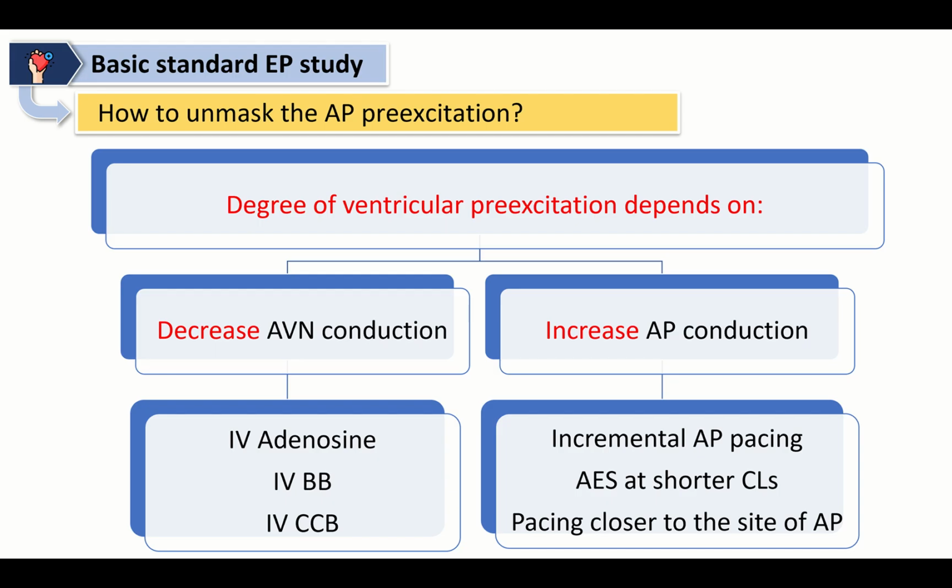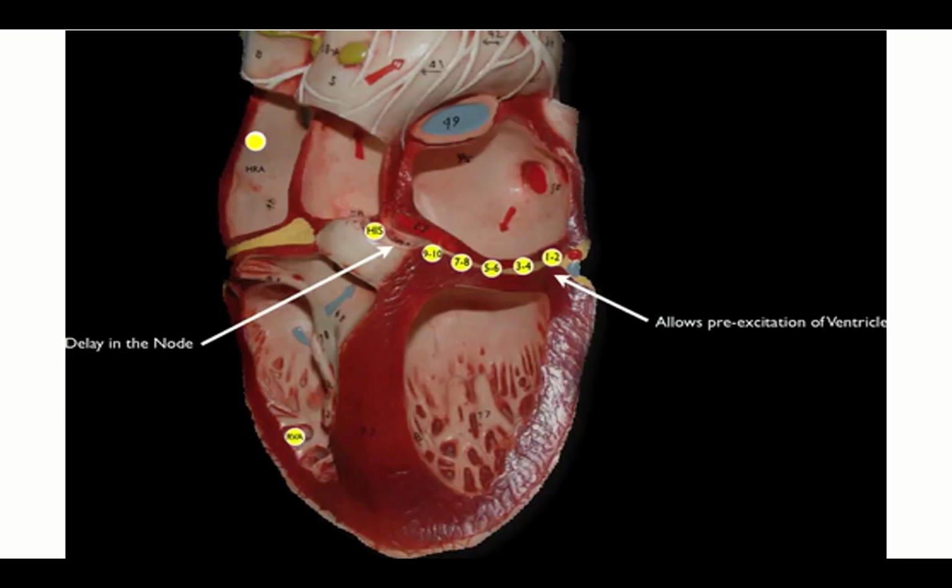How? Through incremental fast atrial pacing, or giving atrial extra stimulus at shorter coupling interval, or pacing very close to the site of the accessory pathway. Golden rule, you have to know, because you should unmask the pre-excitation.